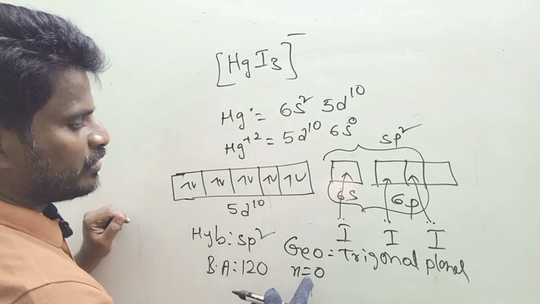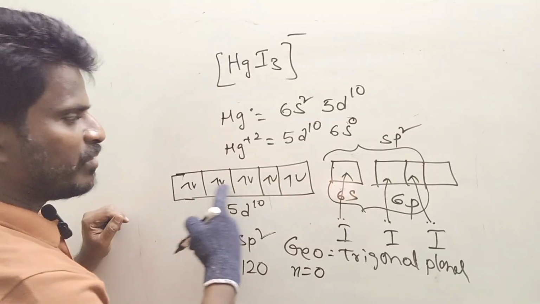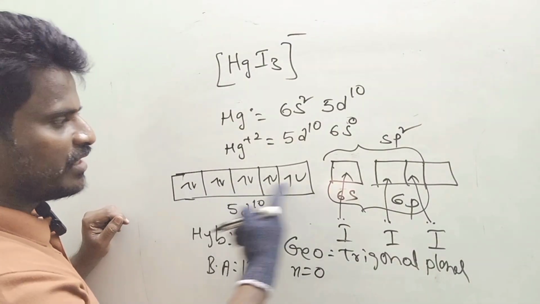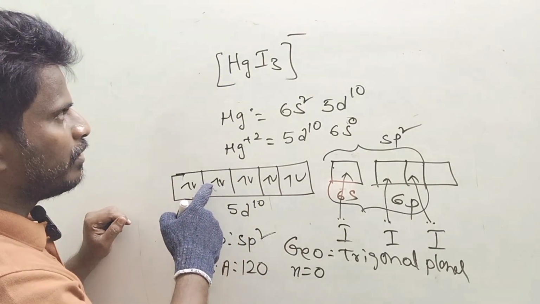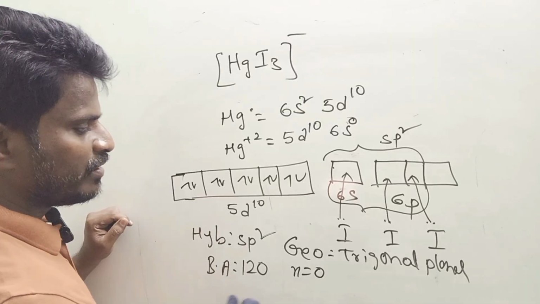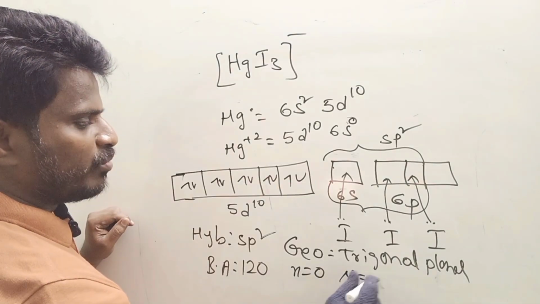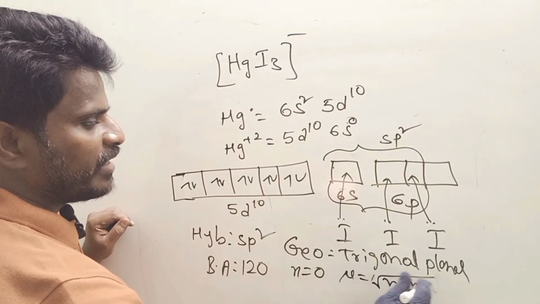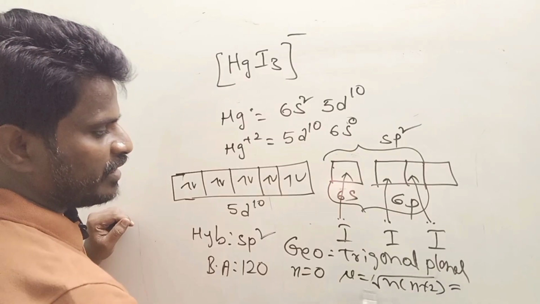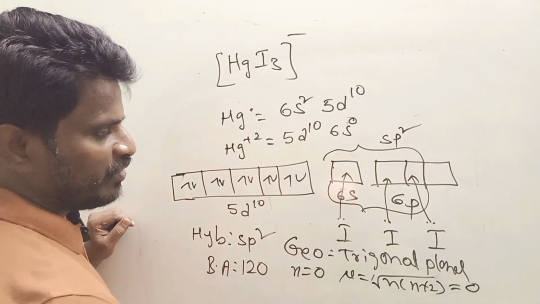And n is equal to 0. Here n is the number of unpaired electrons in the formation of this molecule in mercury. Then magnetic moment mu is equal to square root of n into n plus 2. Here n value is 0, then mu is 0.